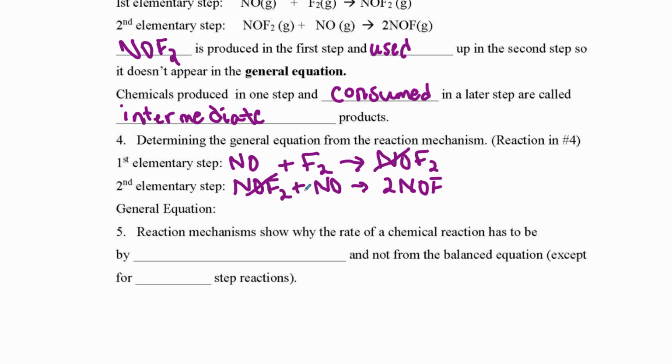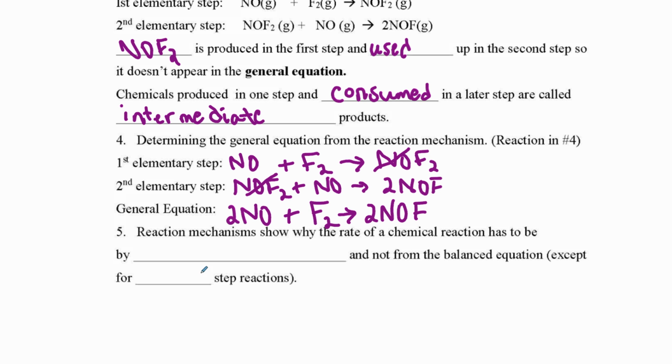So it's not there anymore. So then you just write what's remaining. So you have to count up. We have 2 NOs. So I'm going to put 2 NO, just 1 F2. And then we've got 2 NOF. So that should match the original balanced equation we started with.